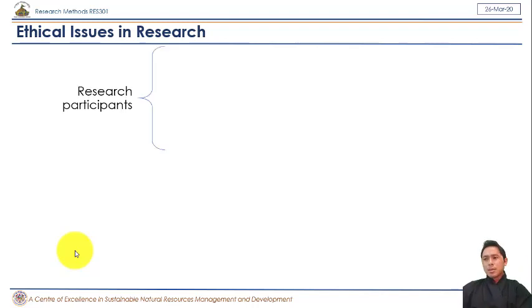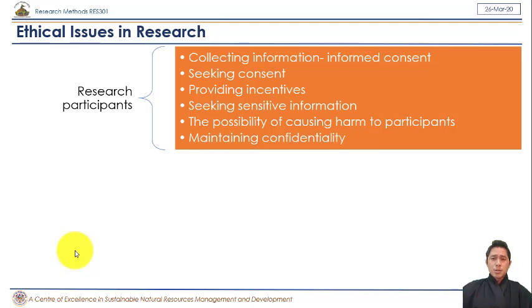At the participants level, we have got ethical considerations to make. When we are collecting information, try to at least have informed consent before going for the collection of data. At least inform the participants that you're coming, so that it's not ad hoc for them, because most of the participants may be school going, maybe office going, or if they are farmers, then they must be having lots of farming activities to do.